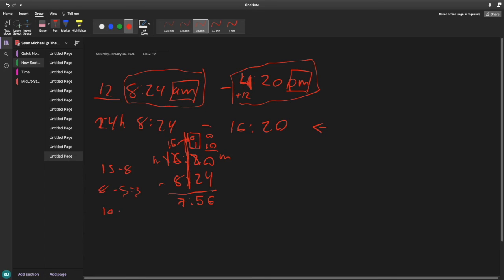And then that would put you at 10, and 10 minus 3 equals 7, right? So you kind of break this up into 5 and 10, and then you subtract them by 8. But I think most of you should have this figured out, and you can count it out even if you have to. So this is where you end up with 7 hours and 56 minutes having passed. That's basically the main thing we need to remember.